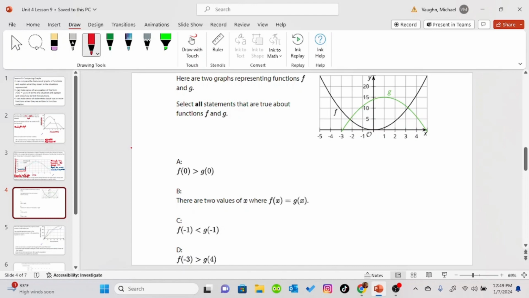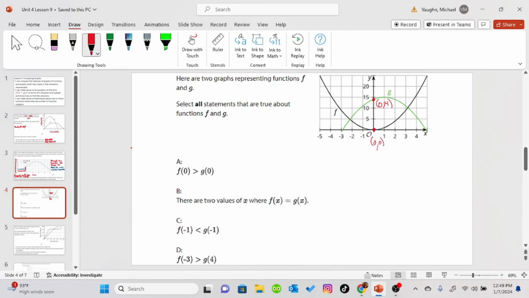A. Function f at 0, which would be here at (0, 0), is greater than g of 0, which would be right here at (0, 14).